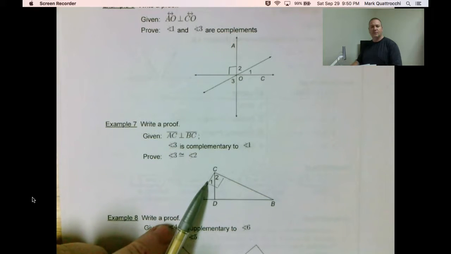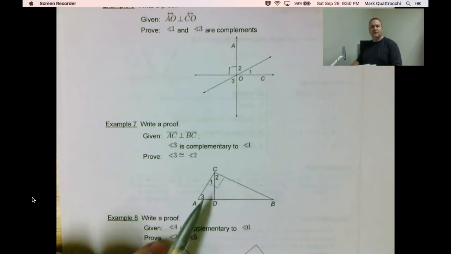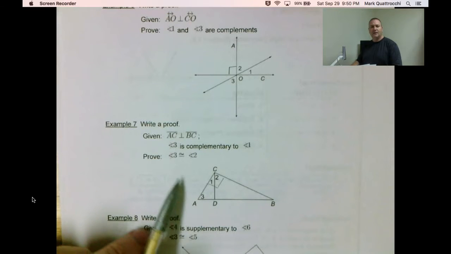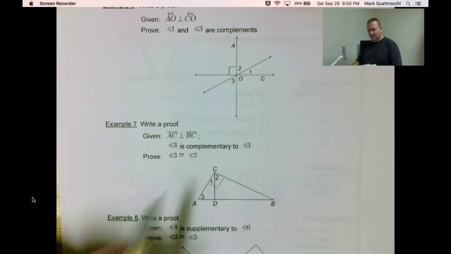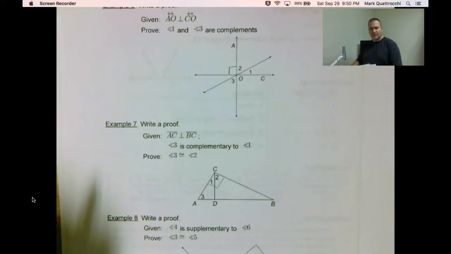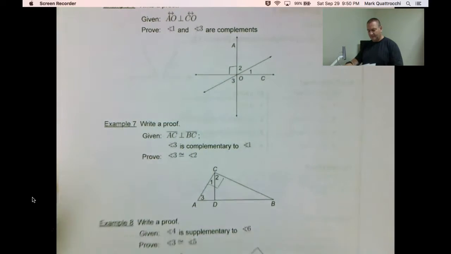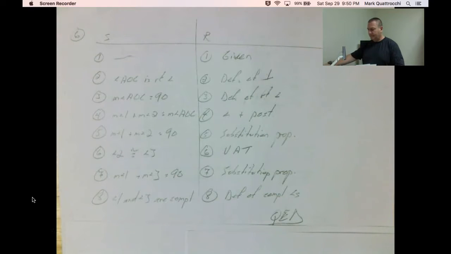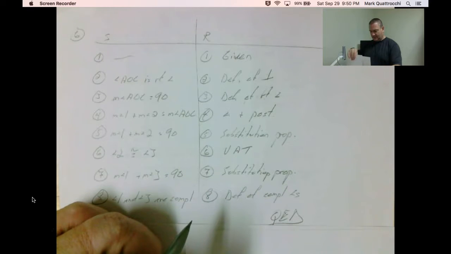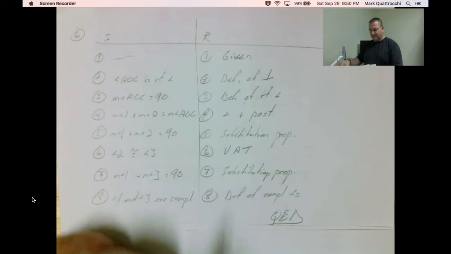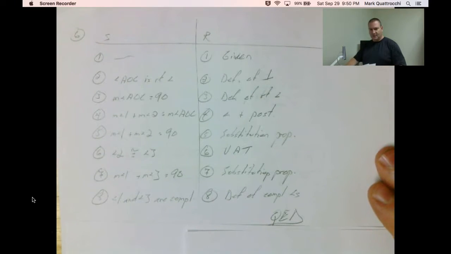Angle 3 plus angle 1 equals 90. Angle 2 and angle 3 have to be congruent to each other. Congruent complements: two angles complementary to the same or congruent angles are congruent. I think I did it the long way. I could have done it a little bit quicker.